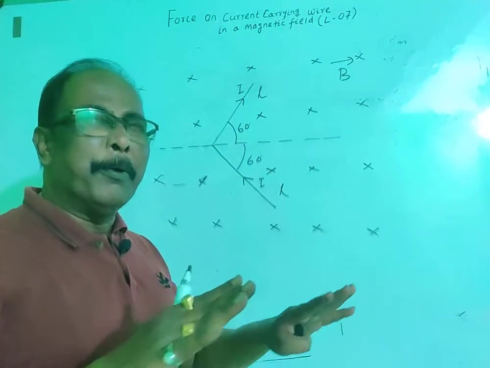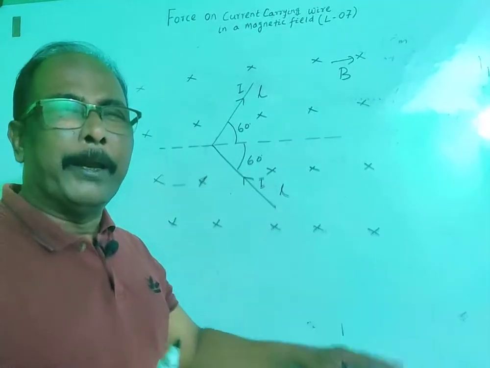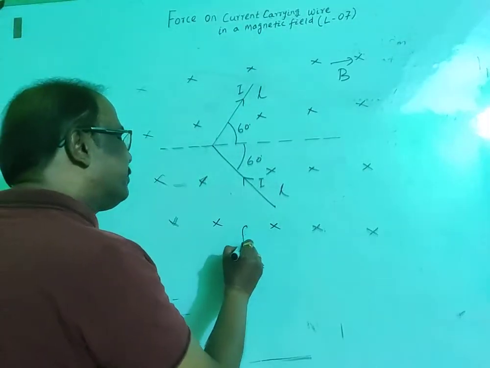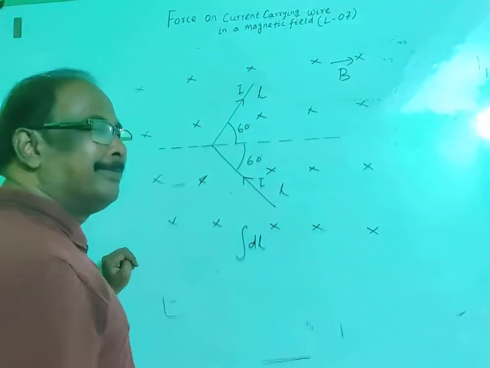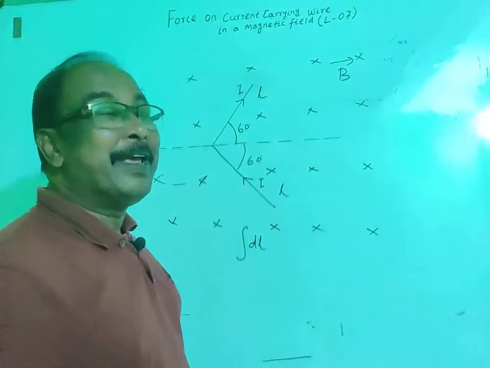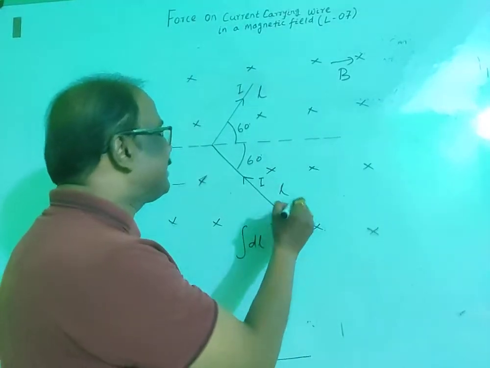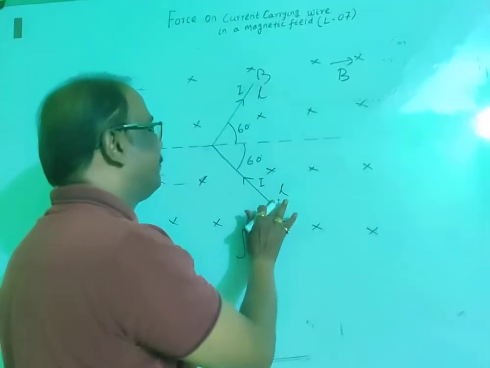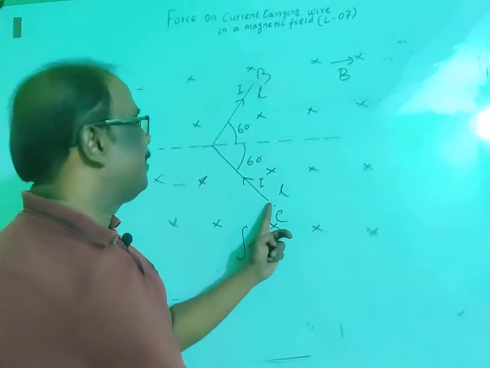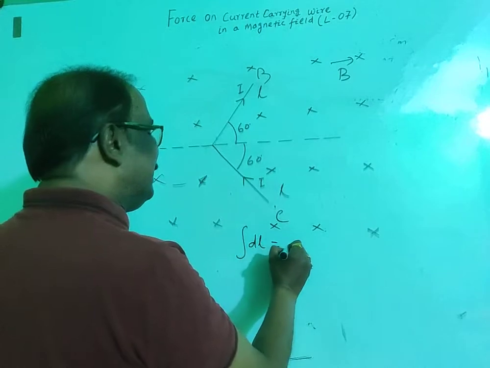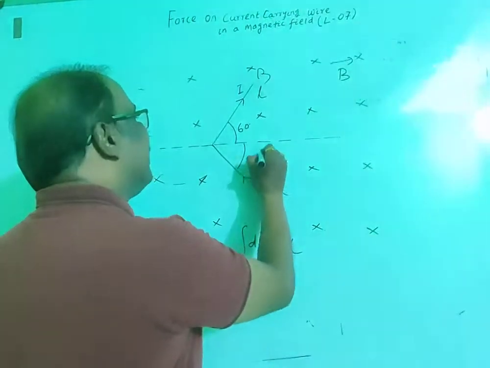In a very simple way, you can solve it. What is meant by integration of dl? Integration of dl is the vector sum of lengths from initial to final point. So the integration of dl is L and this is L.